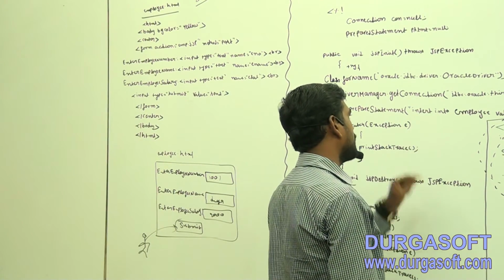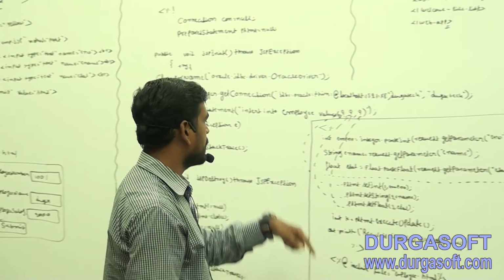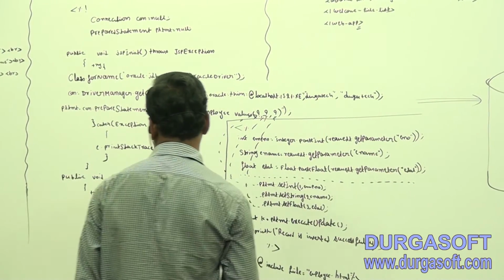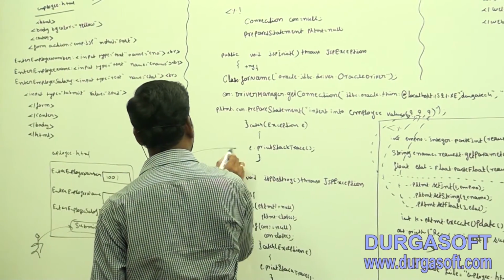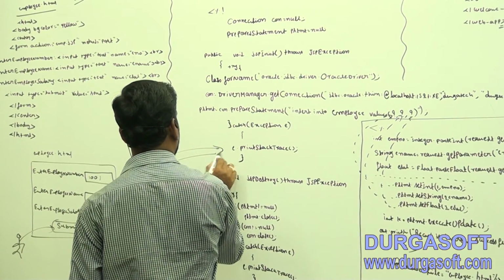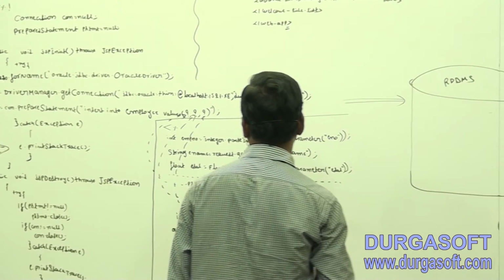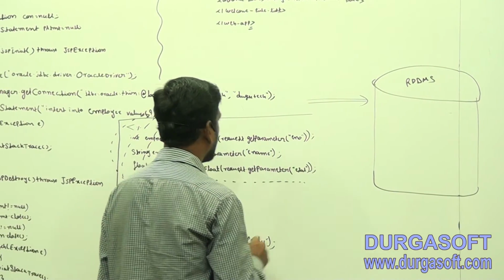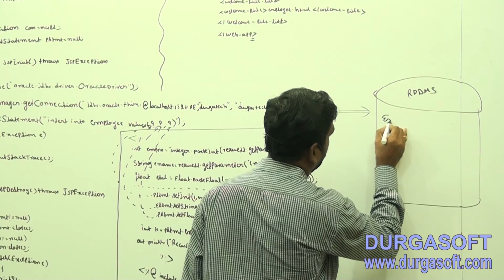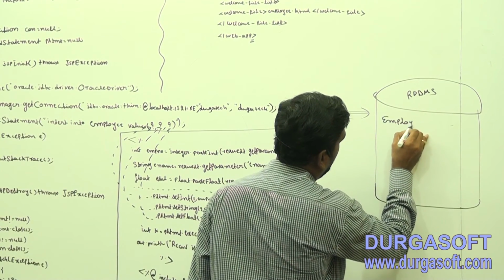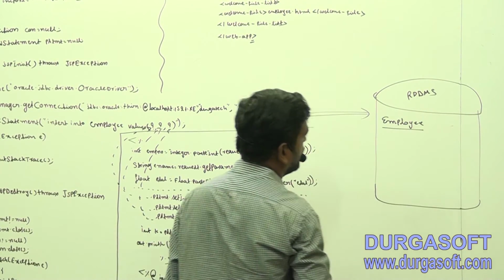Now the server side code receives them and communicates to the database, inserting all those three values. What is the table here? The employee table is going to be created.